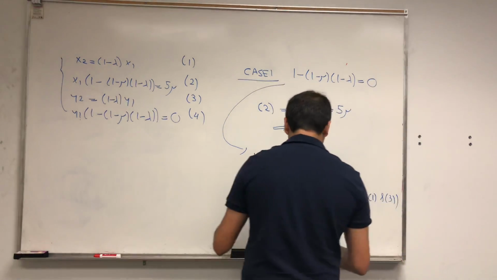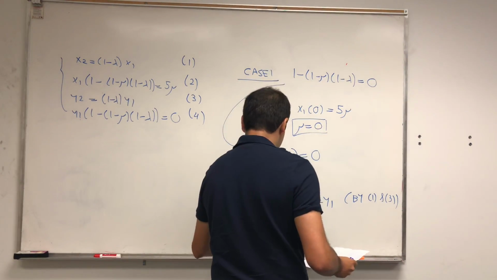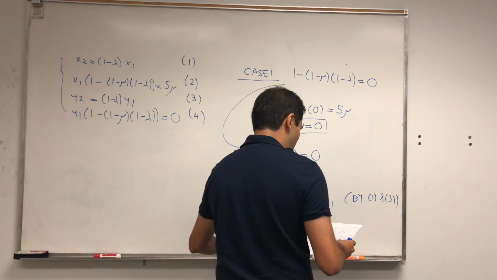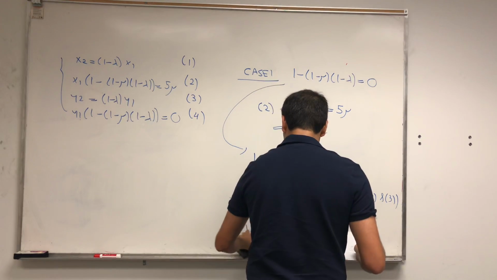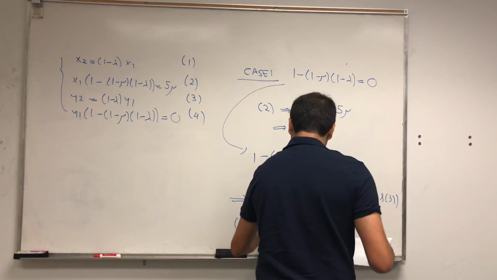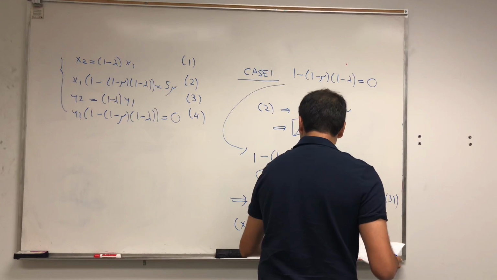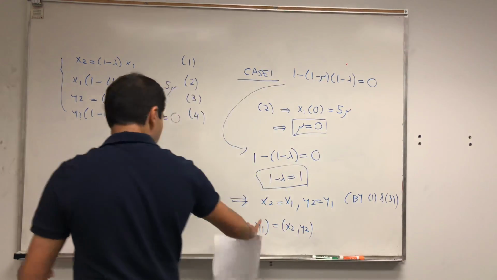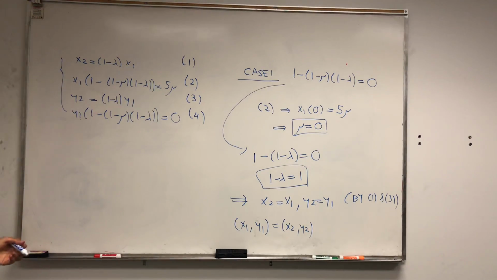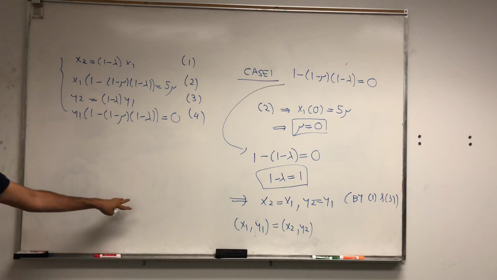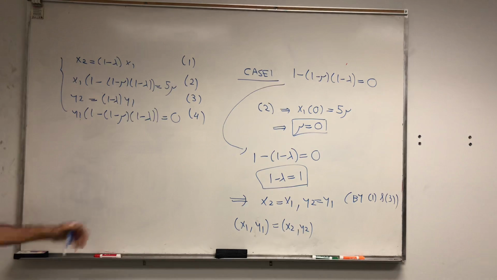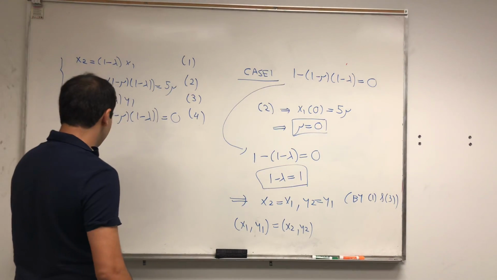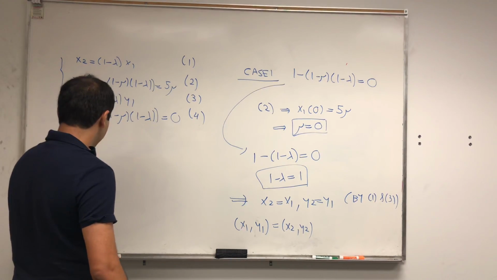But the interesting thing is it tells you in fact that the point x1, y1 equals x2, y2. And now you could use the constraints to figure out that this is nonsense, but just think of it in terms of the problem.